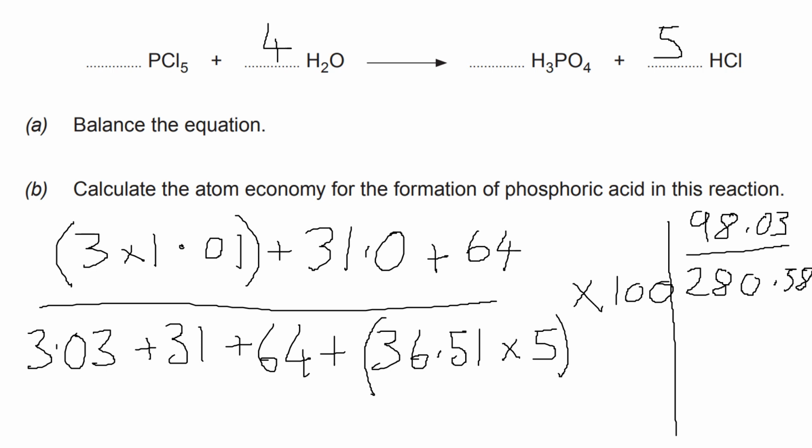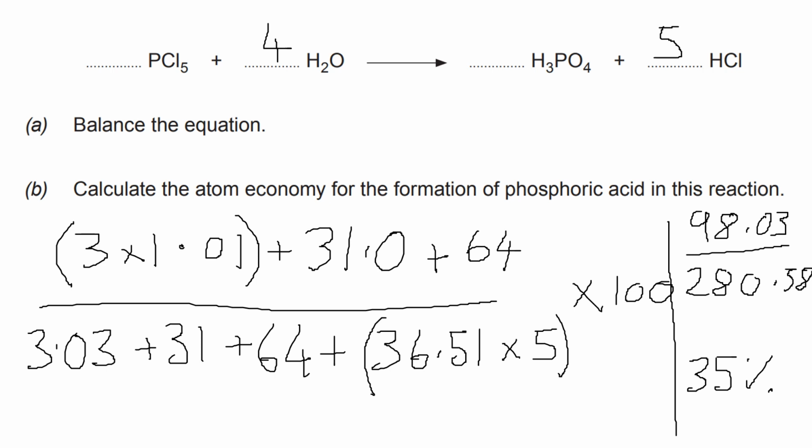So we then plug that all into the calculator, so 98.03 divided by 280.58 times by 100, and to the nearest whole number that comes out as 35%.